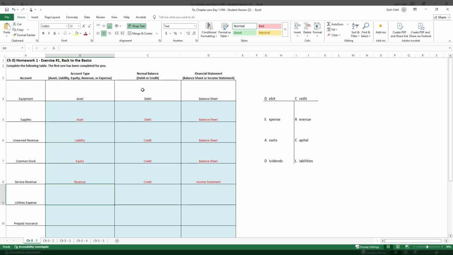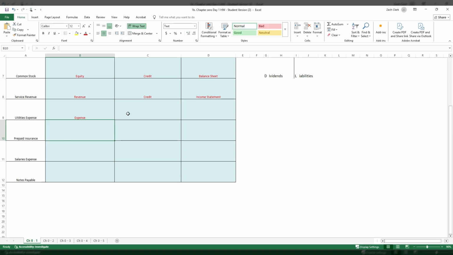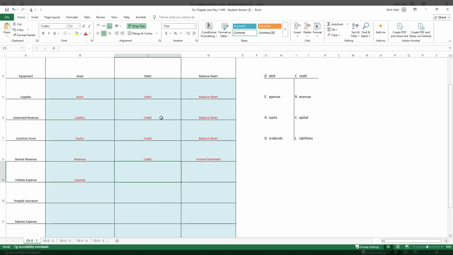And so again, is it an asset, a liability, equity, revenue, expense? Utilities expense, that's just going to be an expense. We'll contrast that with the next item there, prepaid insurance. So utilities expenses are things that we've already incurred in the business. We've already used up all of it, that's what we paid for. It's gone.